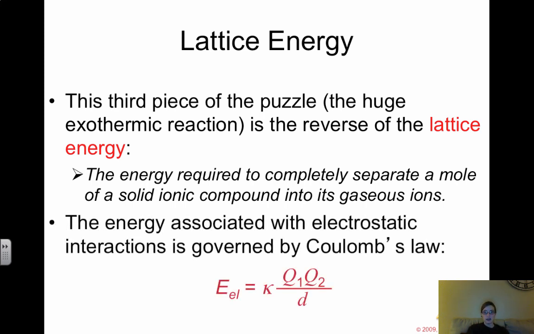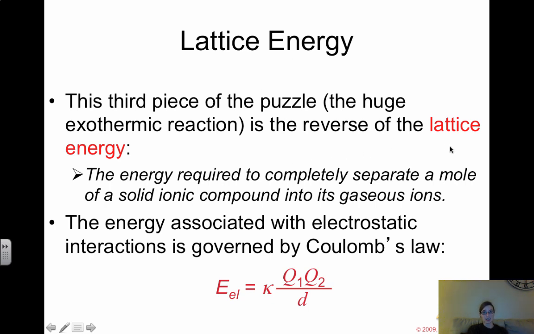Lattice energy is associated with Coulomb's law. We've already discussed Coulomb's law, but that's how we can actually quantify the lattice energy. We're going to focus on lattice energy, but it's important to remember that our major focus is that the exothermic process is due to the reverse of lattice energy.